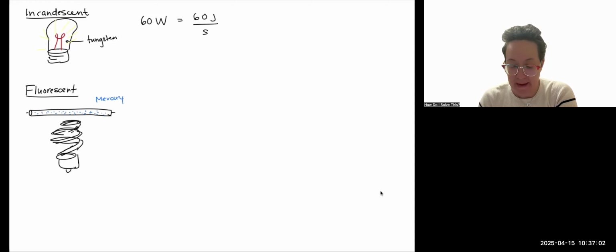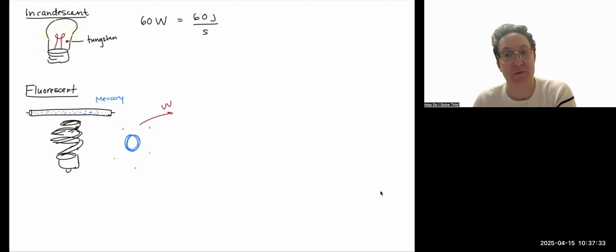And when we pass electricity through the tube, each of those mercury atoms have some electrons, right? And essentially, our electrons are exciting those electrons, kind of making them come up and then fall back down. And in that process, they give off some UV light.